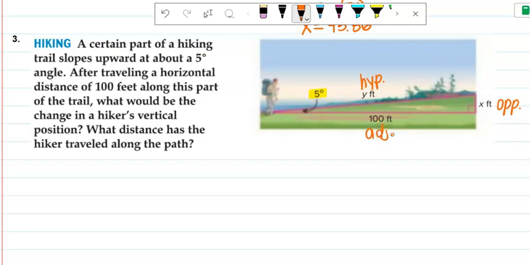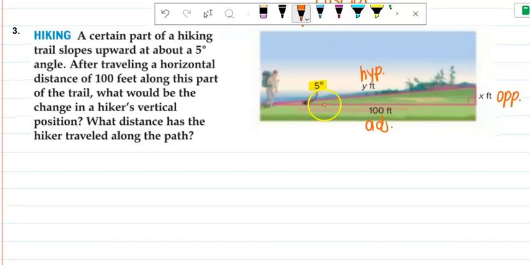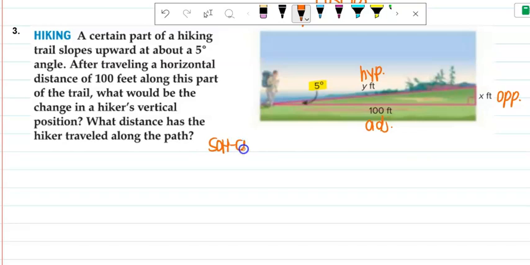So if we started out by finding X, we would have the opposite and adjacent, which would tell us to do tangent of 5 is x over 100.